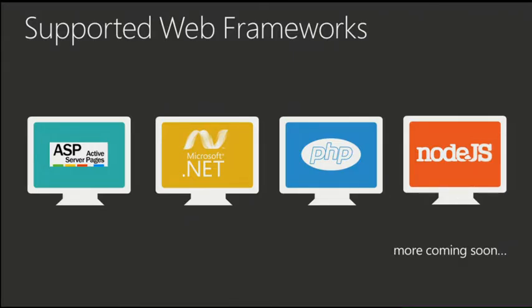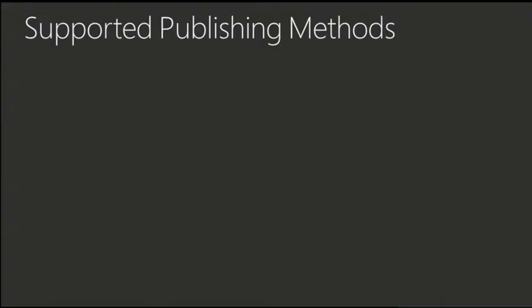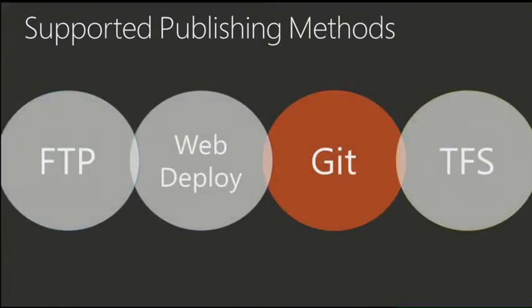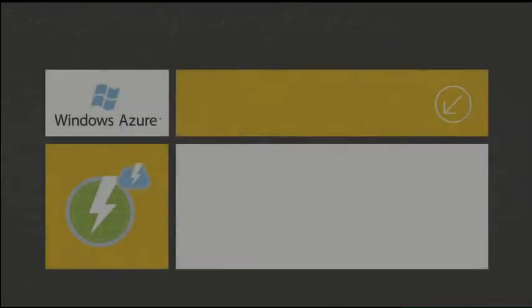We'll eventually support Python and things like that. A variety of different publishing methods. All these are grayed out because we don't care about them because we're Node developers. Git is the one we care about. So we do support FTP if you want to use that, web deploy. TFS, I can't imagine too many TFS developers are also Node developers. I don't know if that would work. But we're going to talk about using Git to deploy to Windows Azure in this session.